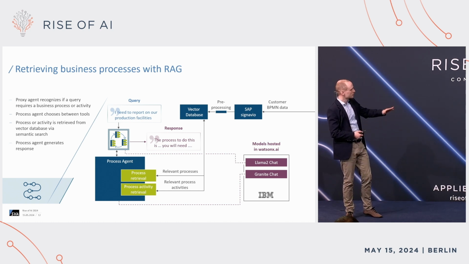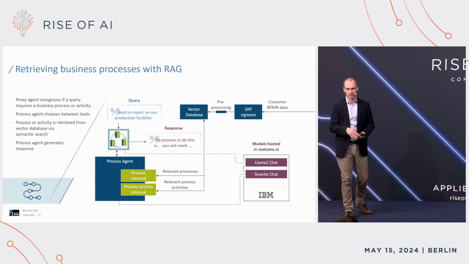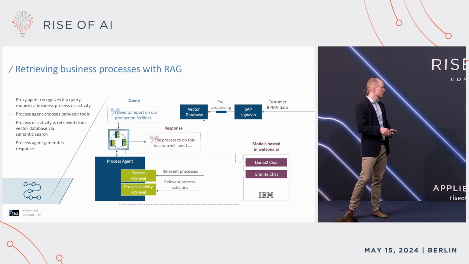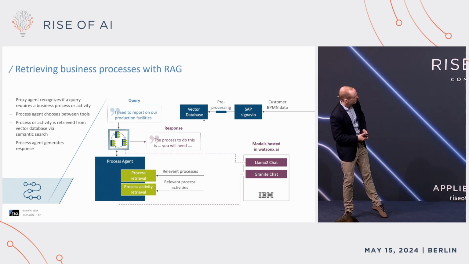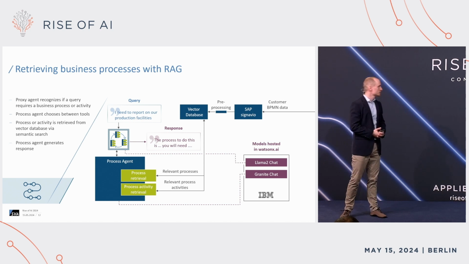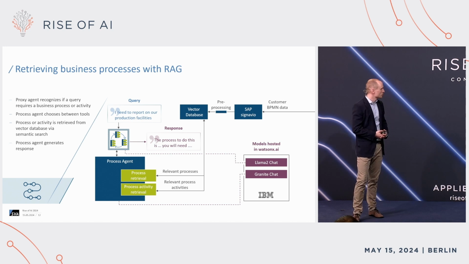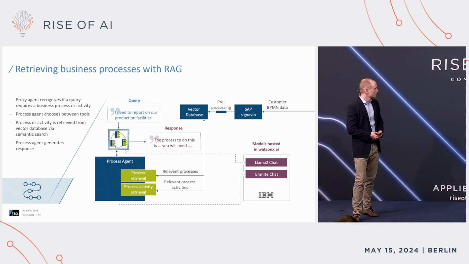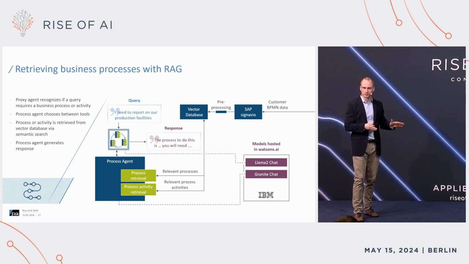Depending on the task, we are using different large language models, as I said in the beginning. For the multi-agent framework, we are mainly using Llama 3 by now. And for the process retrieval, we use GenAI from IBM. And here you already can see, yes, the use case I'm presenting is rather specific.